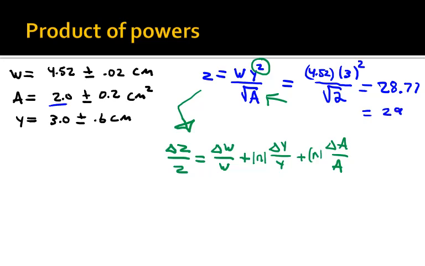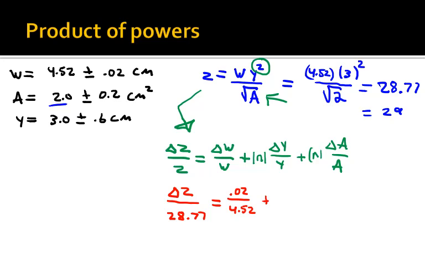Okay, so when we place these values in here, and I'll put that in red here, we have the uncertainty in Z over Z, and in this case 29, but we'll use the raw value starting out, so 28.77. The uncertainty in W is 0.02 over 4.52.